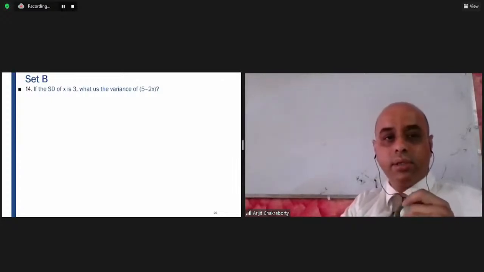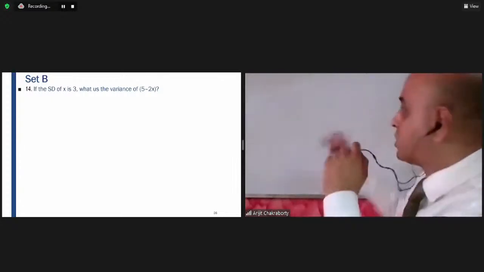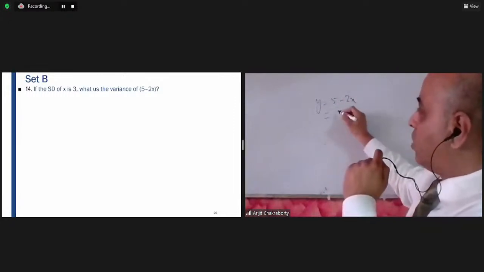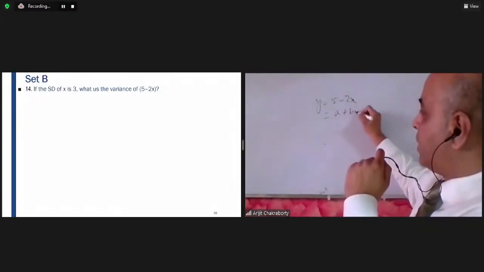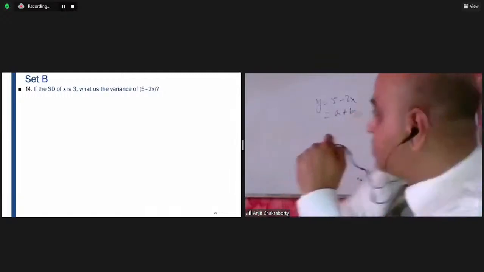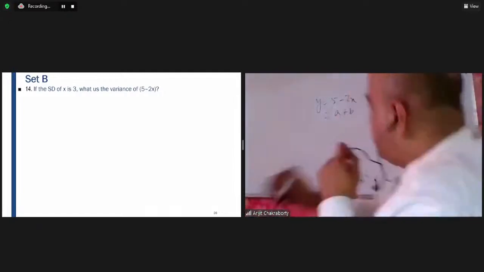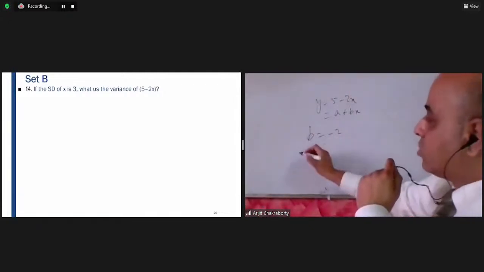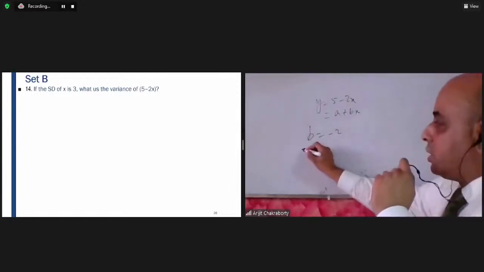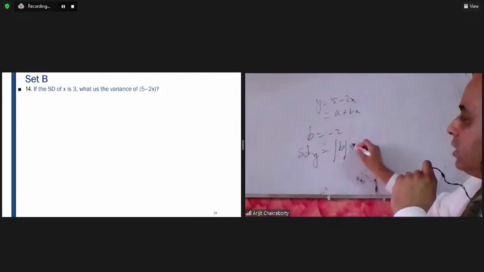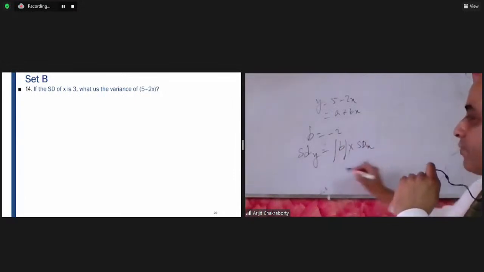So if SD of x is given and y is equal to 5 minus 2x, it is of the form a plus bx. Here, the value of b is equal to minus 2. So SD of y is equal to mod b into SD of x.